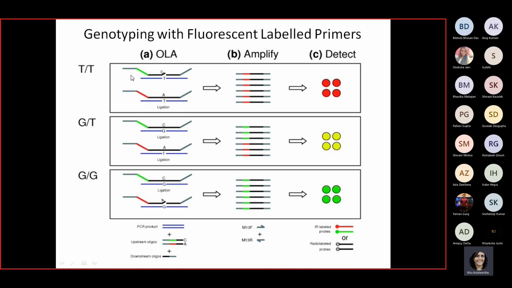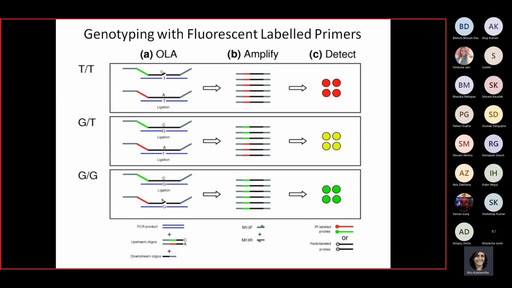The only thing is that in this case, they have smartly designed these primers with fluorescent probes, I mean, fluorescently labeled. So in the case where you have the right or wild type nucleotide here, again this ligation will take place and you'll get this whole product. Then you want to detect the presence of the ligated product by the method of PCR.